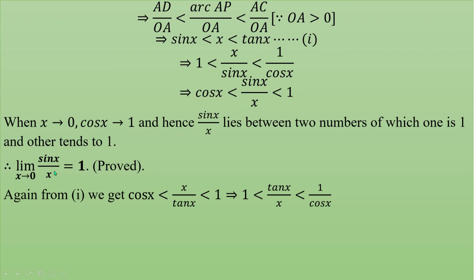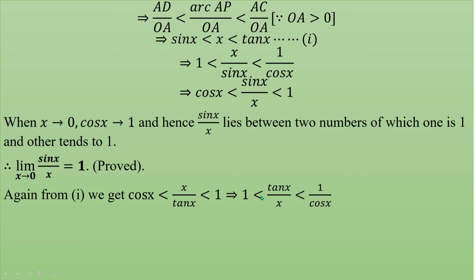Similarly, for the next part, we prove it using the same inequality, as we have to prove limit x tends to 0, tan x by x equals 1. So we have to convert into tan x by x.